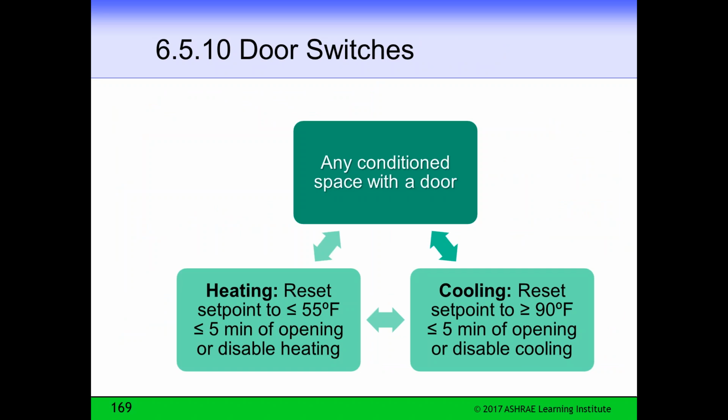Door switches. Any conditioned space with a door, this is an outside door leaving the building, heating reset point has to be less than or equal to 55 degrees if that door is left open for more than 5 minutes, or cooling needs to be set up to 90 degrees if that door has been left open for more than 5 minutes.